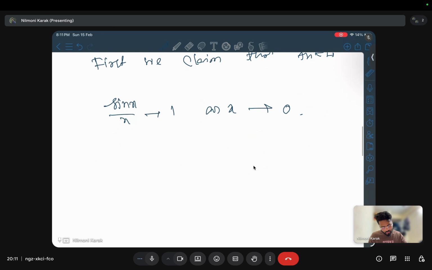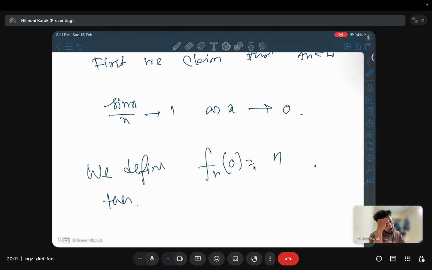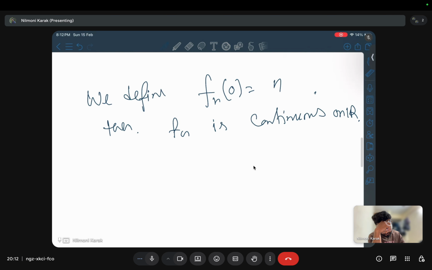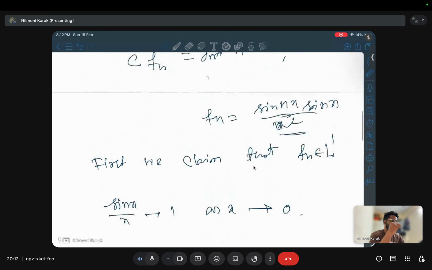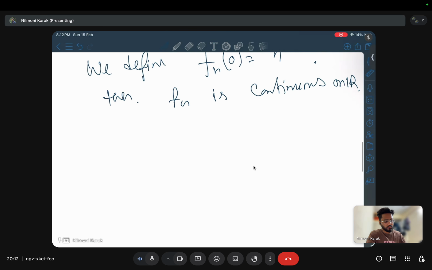So if we define fn(0) is n, then fn is continuous on R. Also, fn is particularly bounded by a constant on the interval -1 to 1.